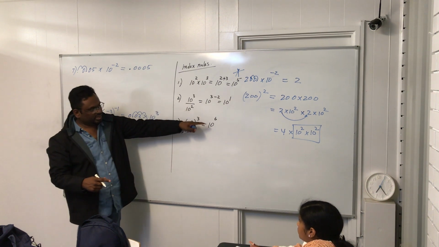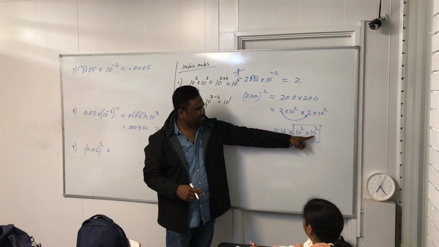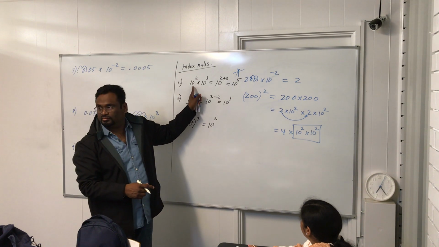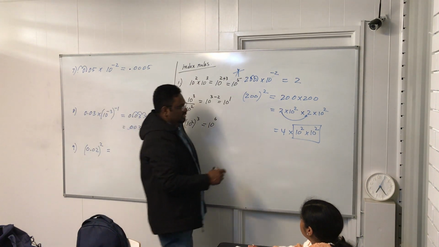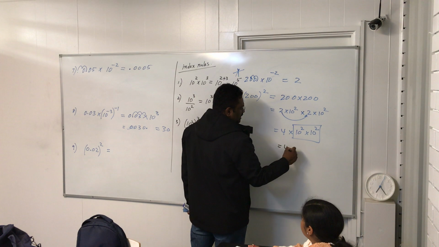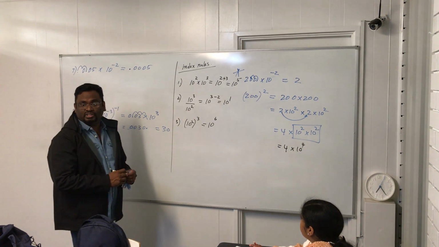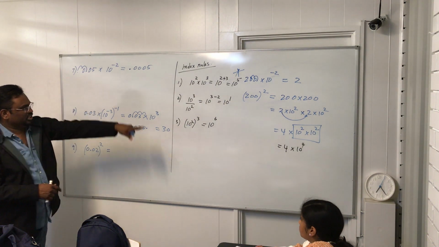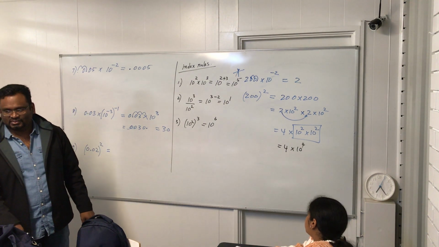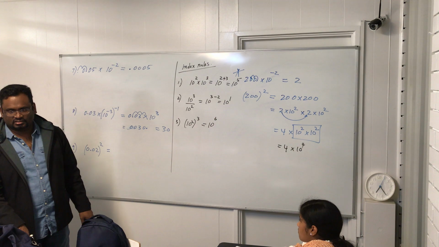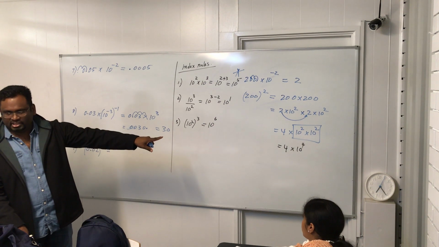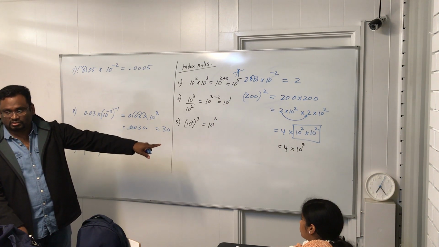So now can you understand what this is? 10^2 times 10^2. What is that? You add the 2s. Exactly. So that would be 4 times 10^4. Now when you have 4 times 10^4, can you use this knowledge to give me the answer? The decimal point is moving to the right. How many positions? 4.